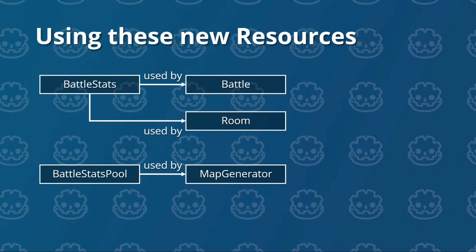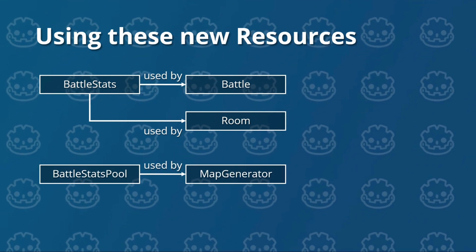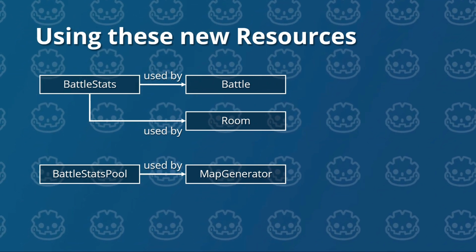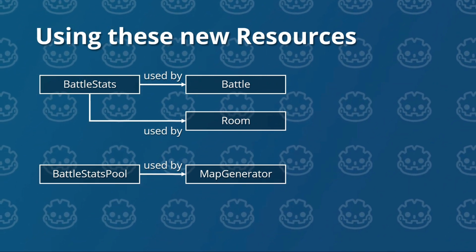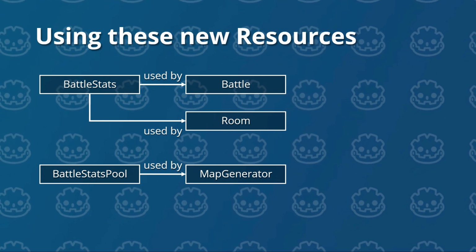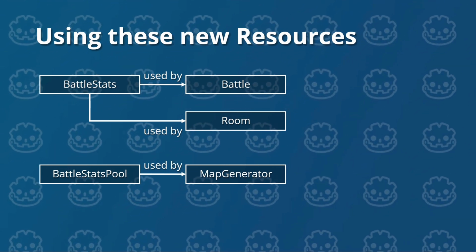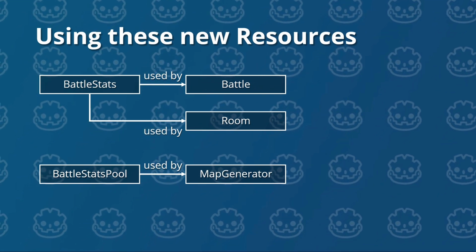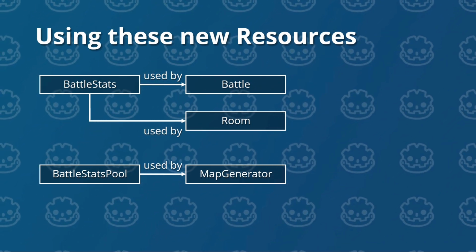What about the other one, the BattleStatsPool? The BattleStatsPool is only used by the map generator itself. Why? Well, because we want to assign a random BattleStats resource, a random battle, to each monster type room and boss type room from the pool, right? So we'll take a bunch of stuff into consideration.